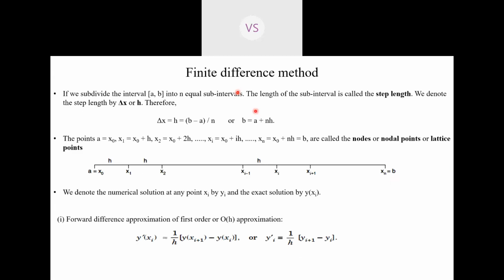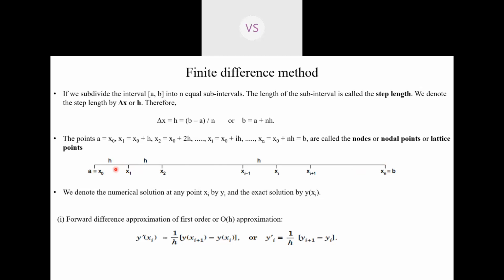Now we'll learn what the finite difference method is. Consider the initial value of x as a and the final value as b. Now we'll divide this interval ab into n equal subintervals.